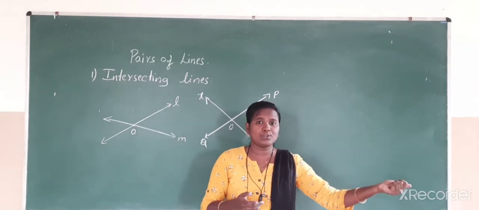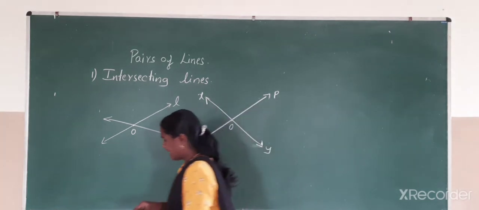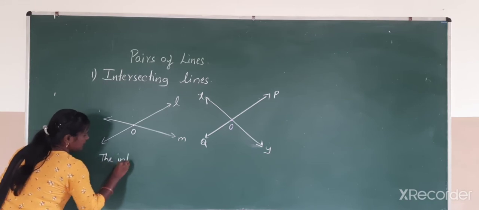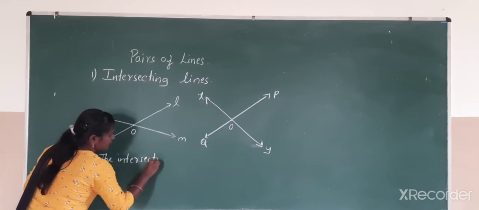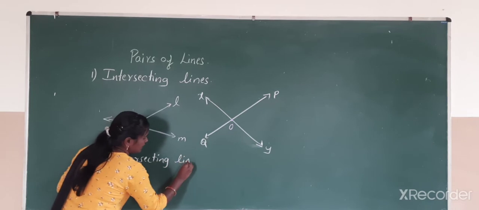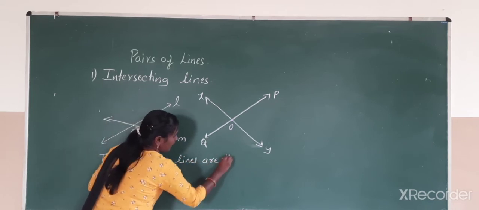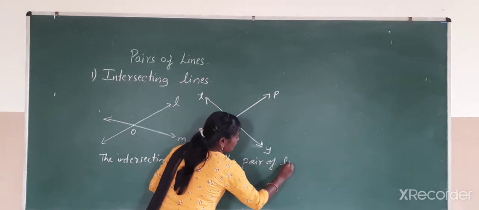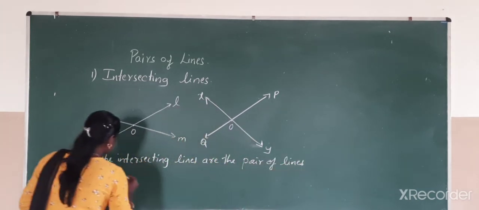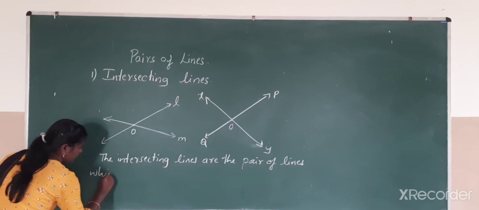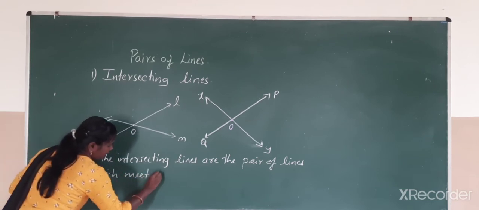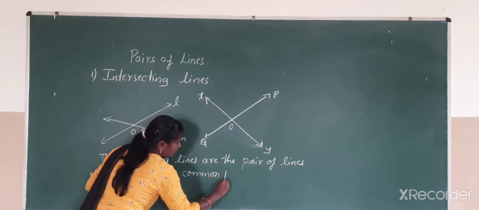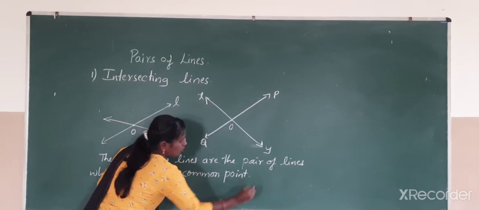In the last class I told you. Let us write the definition. The intersecting lines are the pair of lines which meet at a common point.